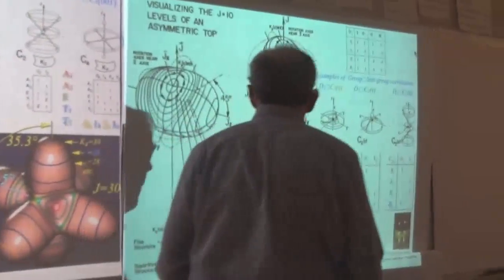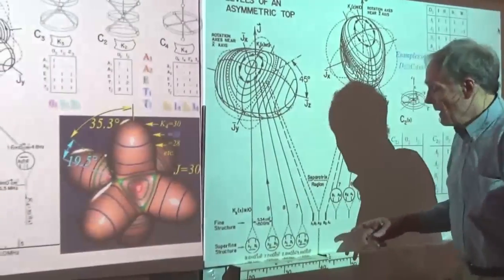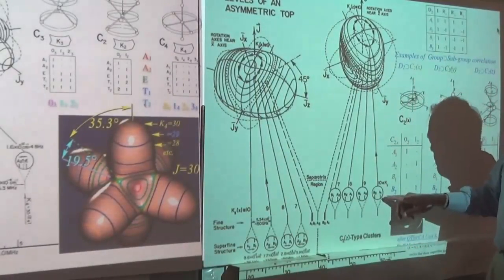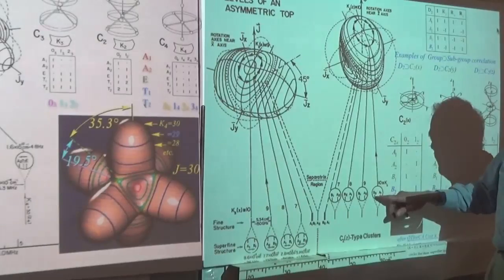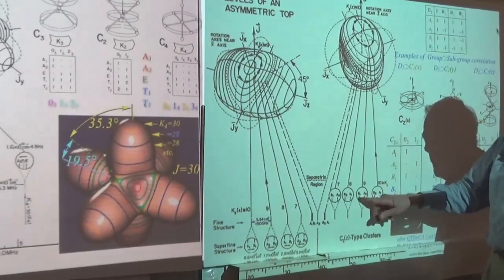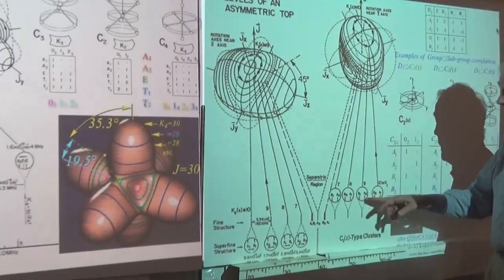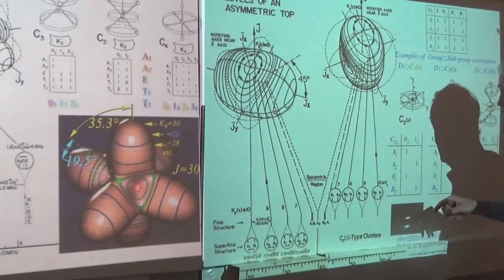And let's look at that a little bit, and I won't have to change the slides. Okay, here we go. We go A1, B2, A2, B1, A1, B2, A2, B1. They are in that order, A1, B2.